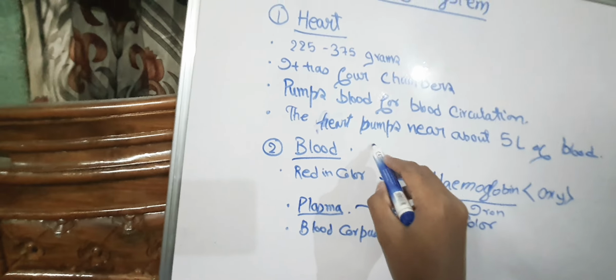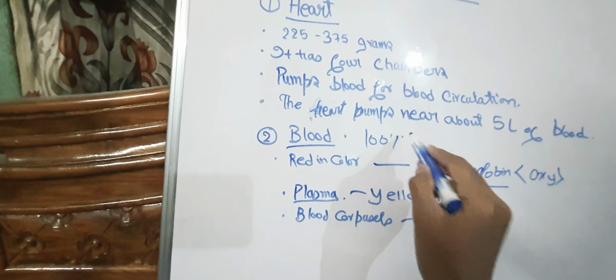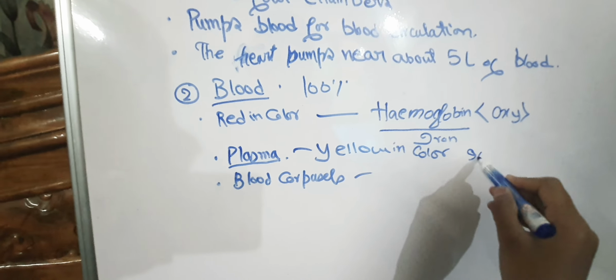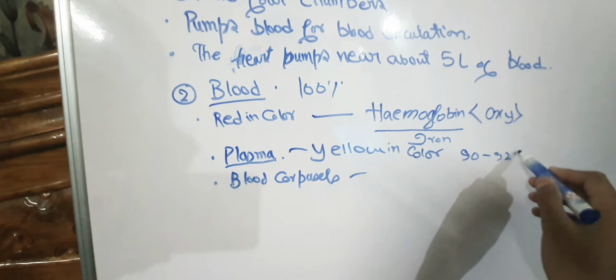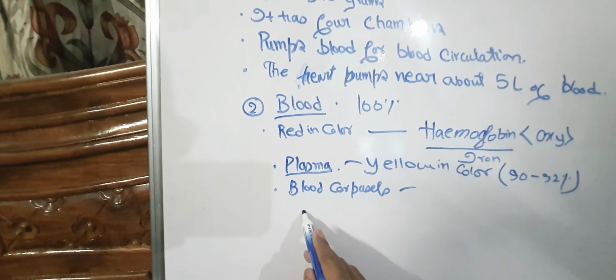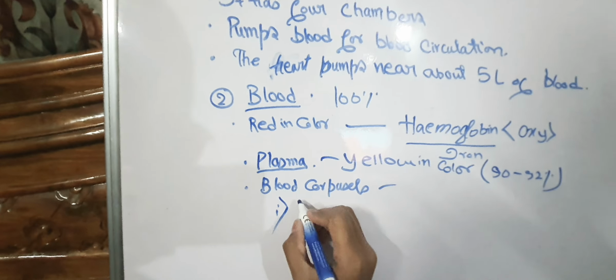If we take the blood as 100%, then the plasma will be 90 to 92%. Take a note. The blood corpuscles are then again divided into three parts.